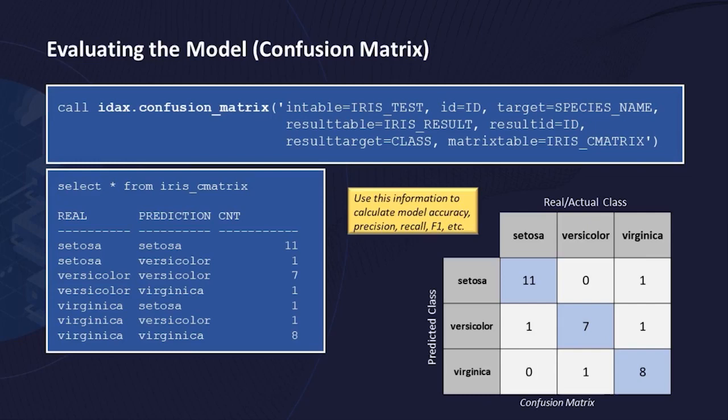The confusion matrix procedure will generate a table of real versus predicted values from which you can calculate true positives, true negatives, and false negatives. And data scientists use these numbers to calculate metrics like accuracy, recall, precision, and F1 scores, each having its own place for determining the predictive performance of the model. But we won't go that deep here.